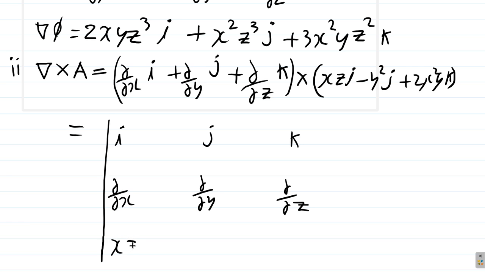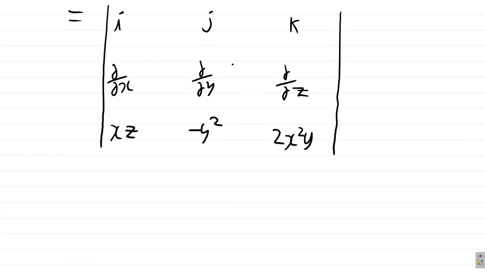So it's xz, negative y squared, 2x squared y. Okay, so you see that. Now the next thing is to work out what the determinant is.